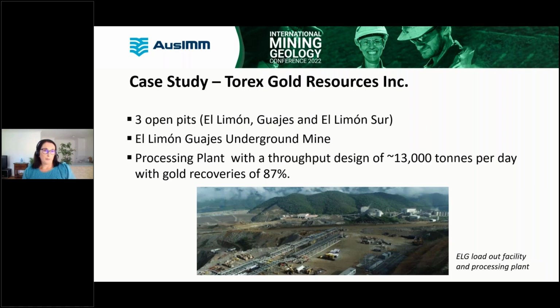There are 3 open pits at ELG. They're the El Limon, the Juarez, and the El Limon South. The El Limon Juarez underground mine is also very active, and all of this material feeds into a processing plant with a throughput design of about 13,000 tonnes per day with gold recoveries of 87%.